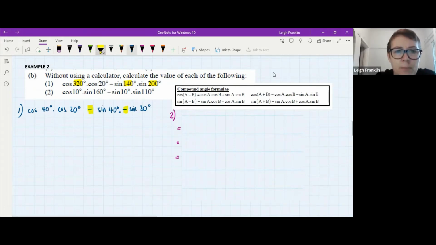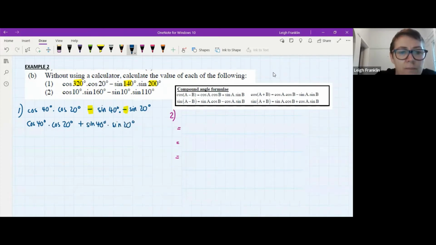My next step: cos 40 times cos 20 plus, because a negative times a negative is a positive, sine 40 sine 20. Now I can look at it: cos 40, cos 20, sine 40, sine 20. Yep, it looks like this over here, doesn't it? It's that one.